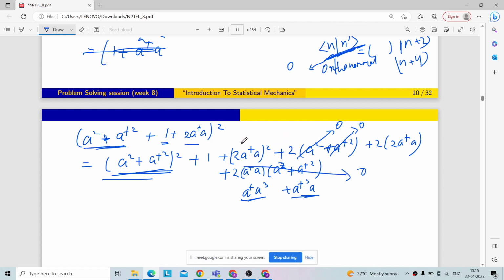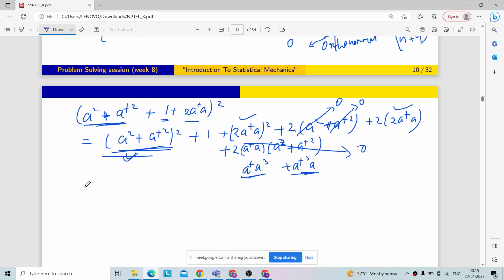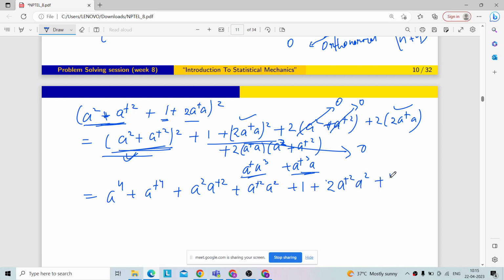So I am left with these, and I have to solve this first. Then this will be a⁴ plus a†⁴ plus a² a†² plus a†² a². Then the rest of the terms I can write as 1 plus 3, this is 2 into a†² a², then plus 4 a† a, right.